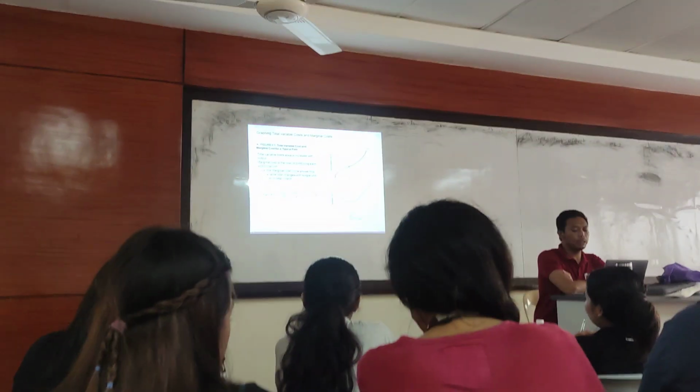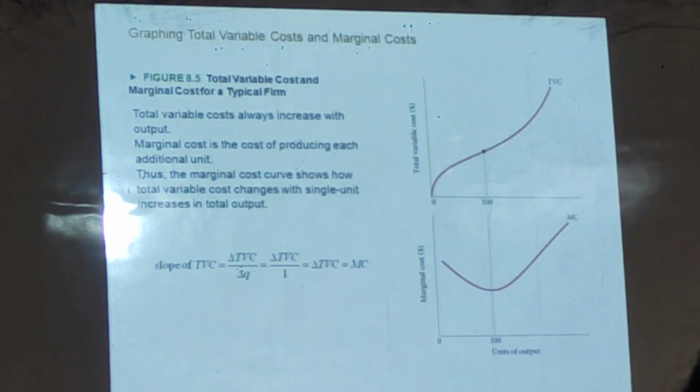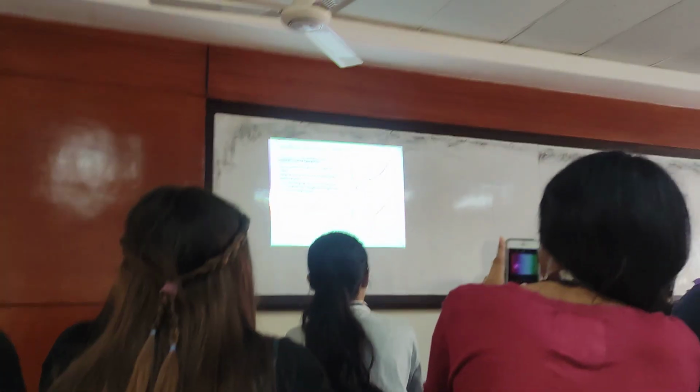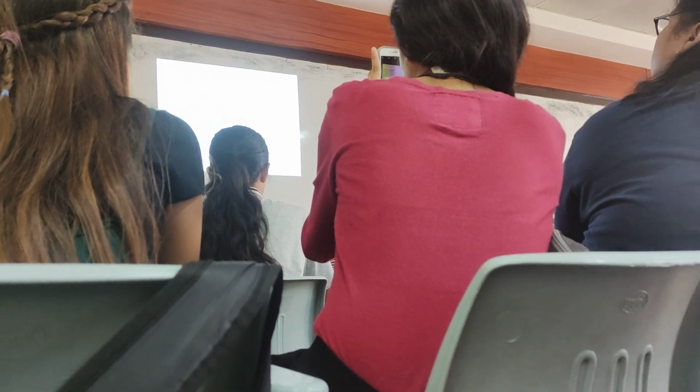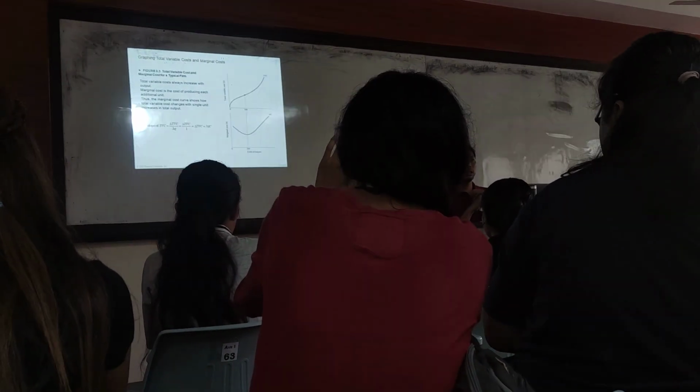Now, what you're seeing here is the total variable cost and marginal cost. So remember, you add a worker, you add product, you incur additional cost, right? Then, of course, in making the product, you also incur variable cost. Let's just say in a coffee shop, you add a worker. That means it also incurs cost, right?